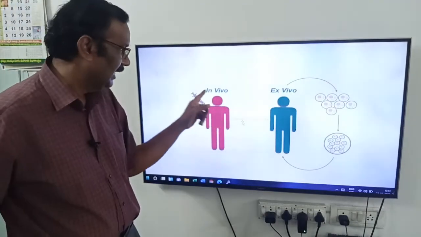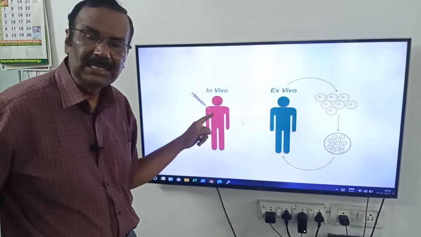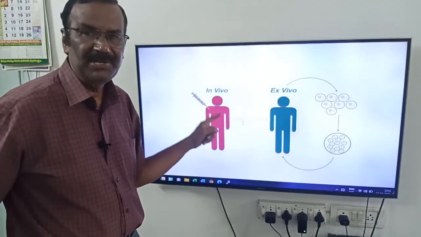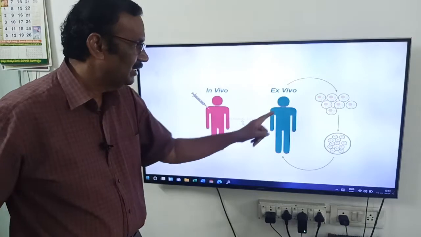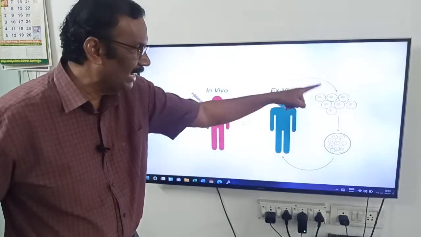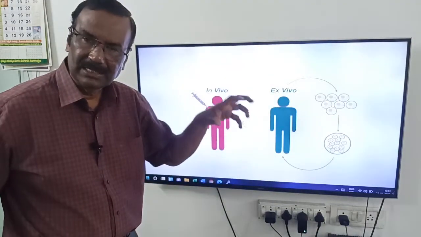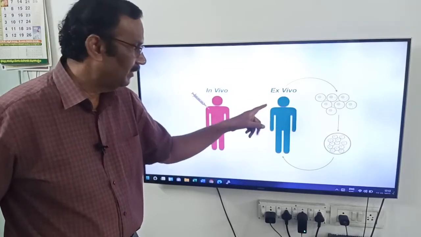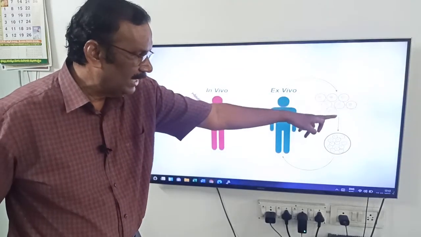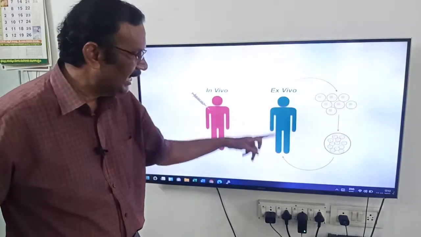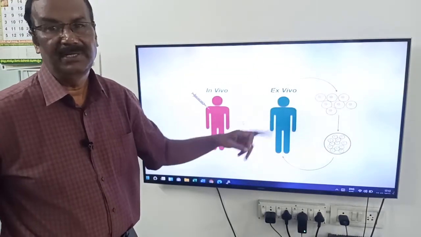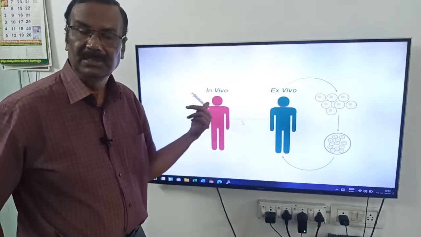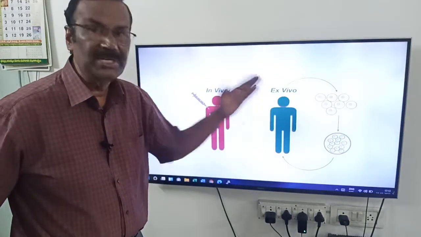In vivo, here they are treating the patient when the cells are inside the body only. Ex vivo, here they are taking the cells from the patient and treating them. After treatment, once again they are inserting the cells. This is ex vivo gene therapy. This is in vivo gene therapy. This is ex vivo gene therapy.